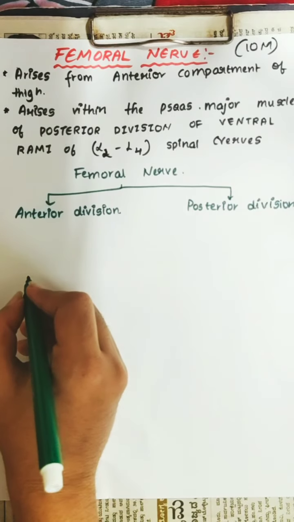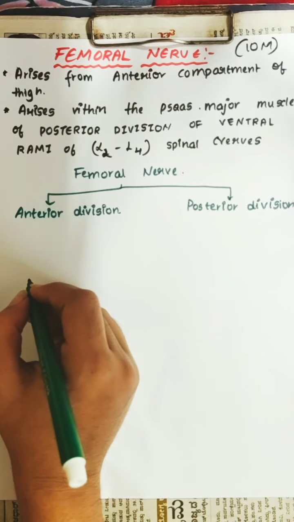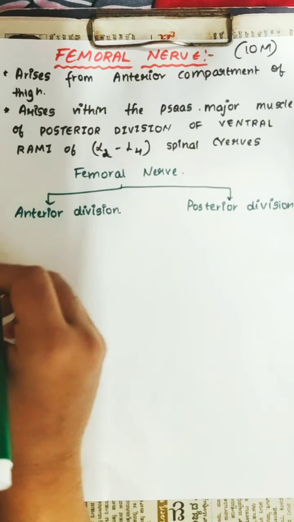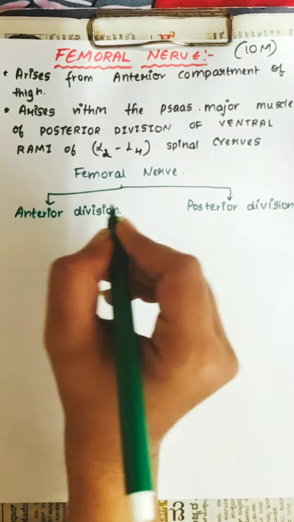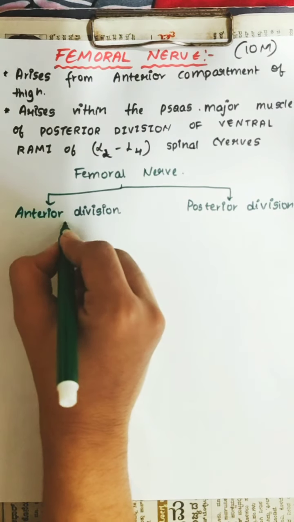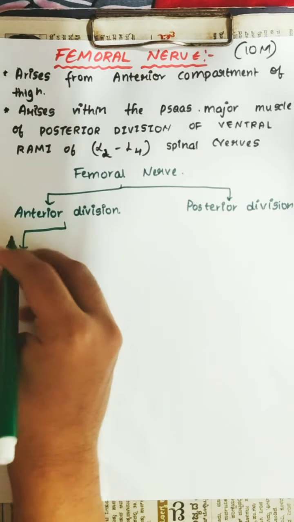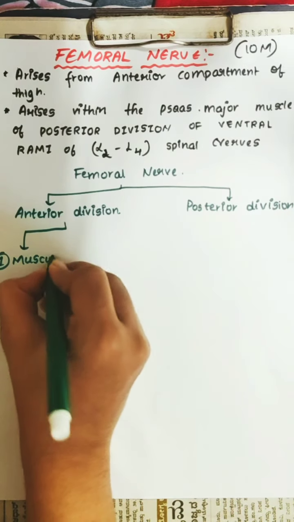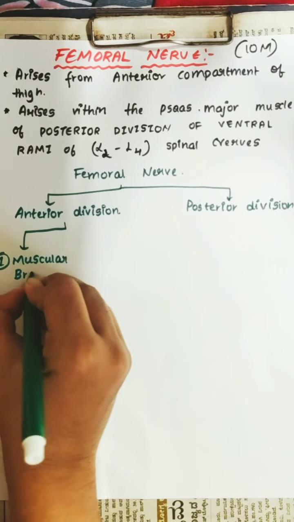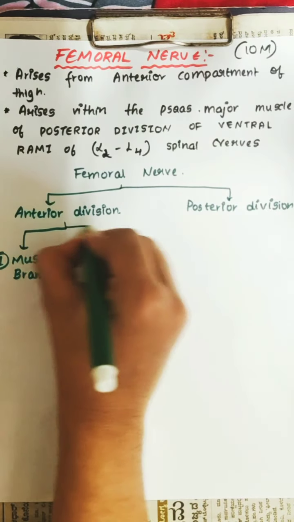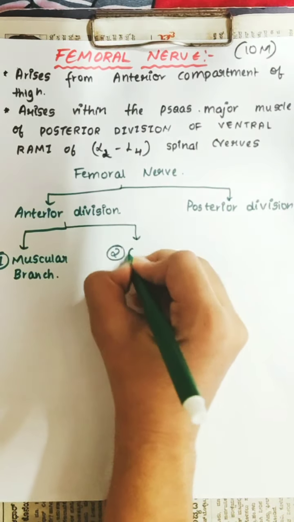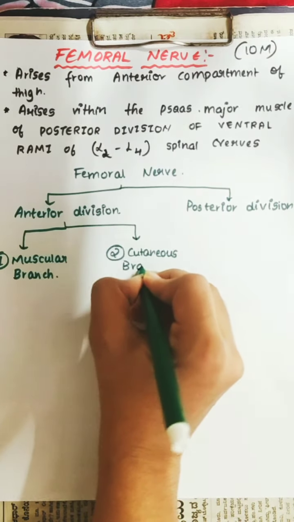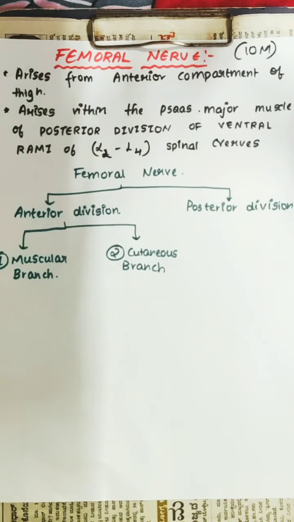Further, the anterior division is splitting into two cutaneous branches and one muscular branch. So what is the muscular branch called?